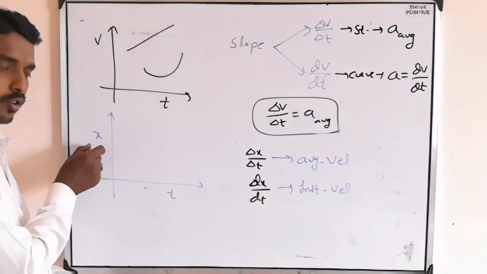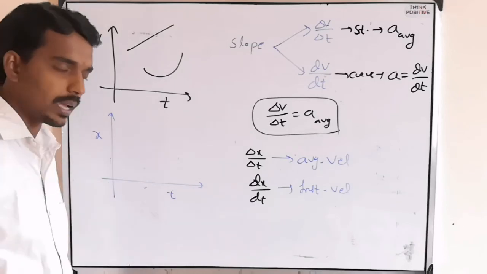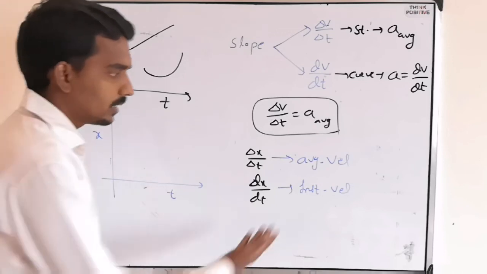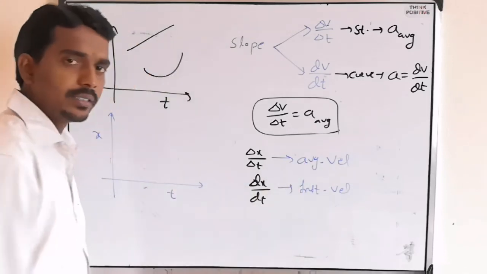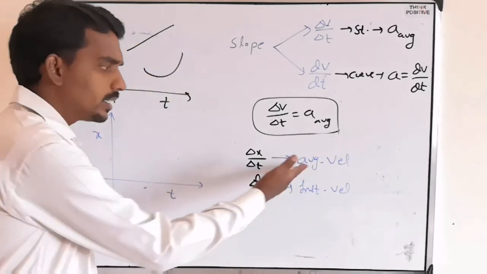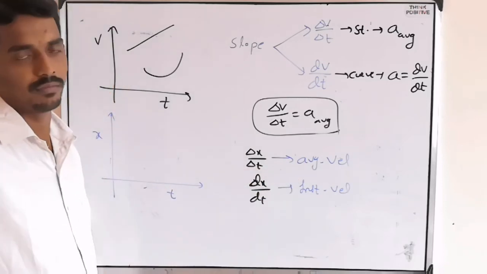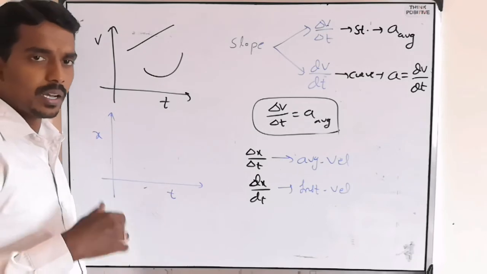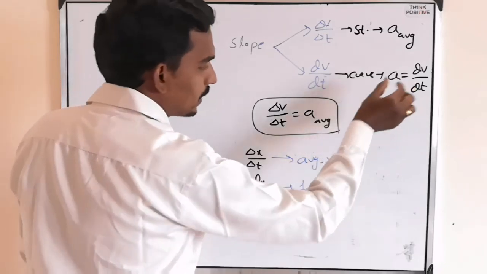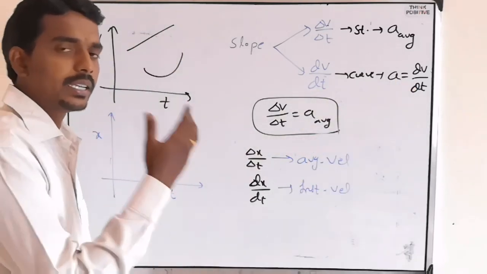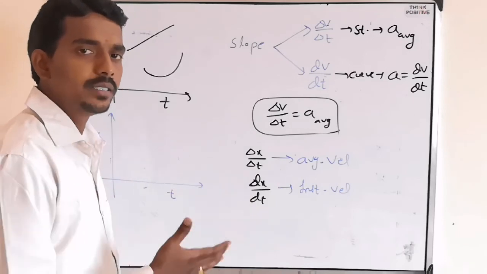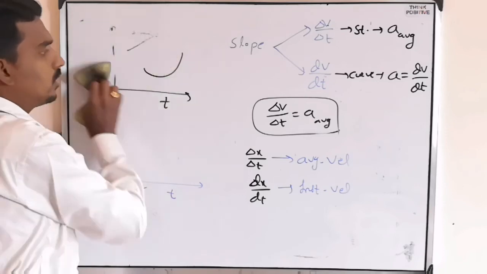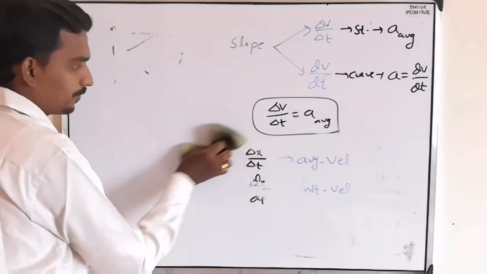So from the slope of displacement versus time graph, you can find velocity, either average velocity or instantaneous velocity. That is depending upon the given graph. So this way, the concept of slope and the concept of differentiation are the application of mathematics utilized in solving physics. So this is about slope of a graph.